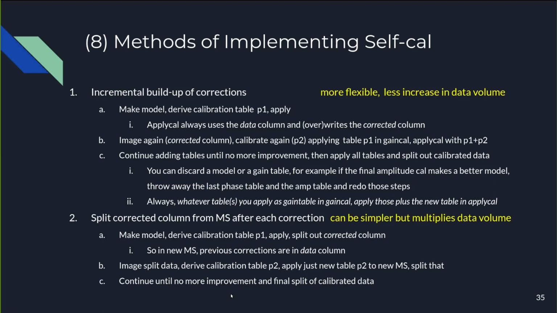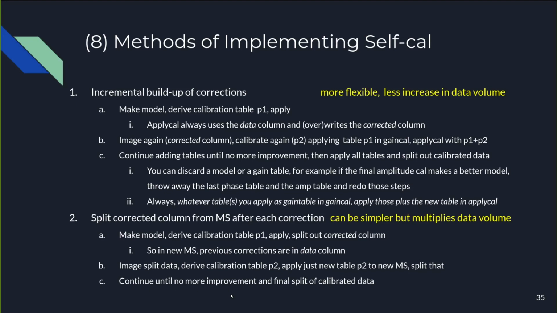And I find that's easier if you want to go backwards and redo a step, but every time you have to remember that imaging will normally work off the corrected data column, but gain cal always works on the pure data column. So it'll only take what's in the data column plus any gain tables you give it.